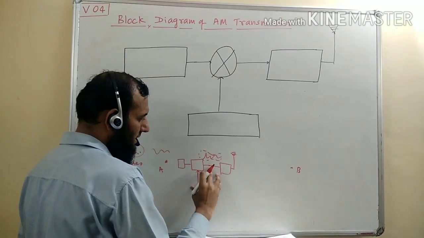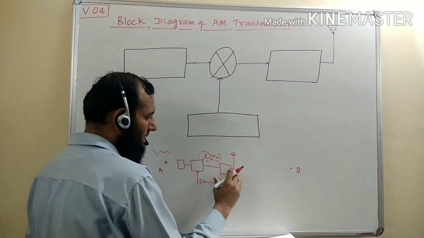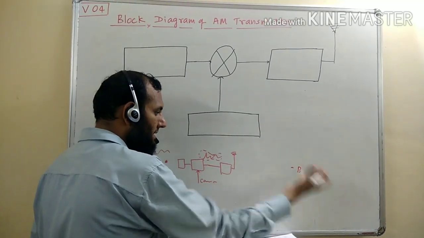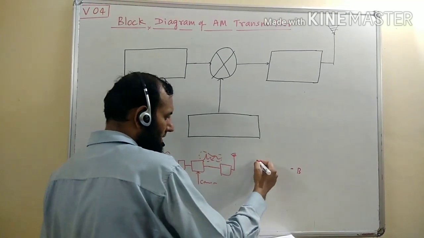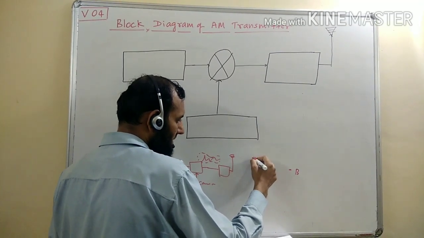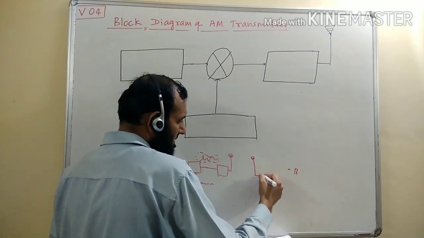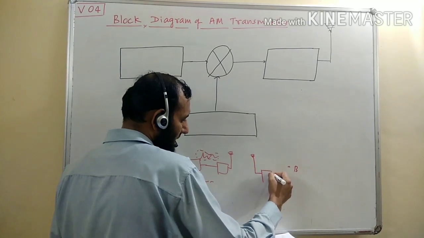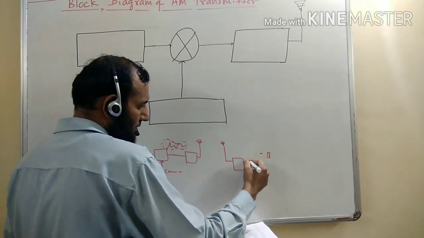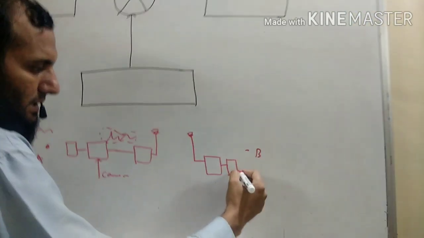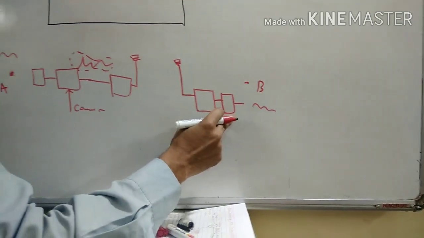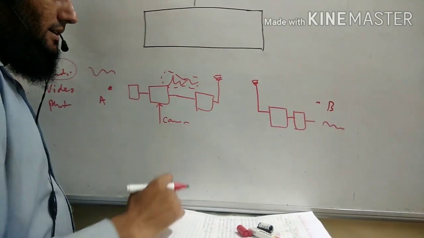At the receiver end, the first device will be the receiver antenna, then there will be a receiver, then a detector or demodulator, and the signal is retrieved. Demodulation means retrieving the message signal.